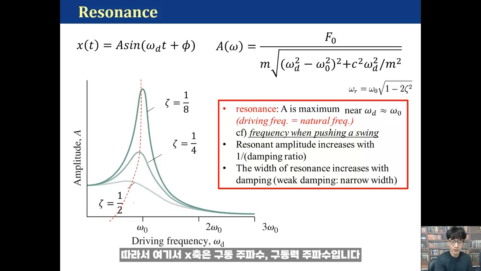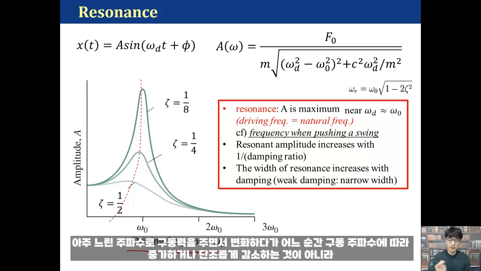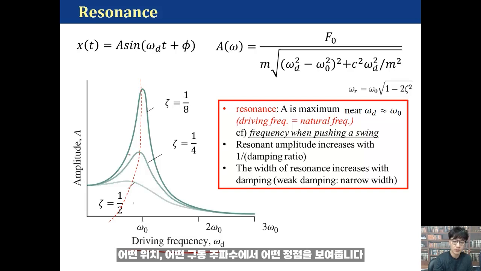The x-axis is the driving force frequency. You can give the driving force with a very fast frequency or a very slow frequency. Then the amplitude doesn't just increase or decrease monotonically, but shows a peak at some driving frequency.